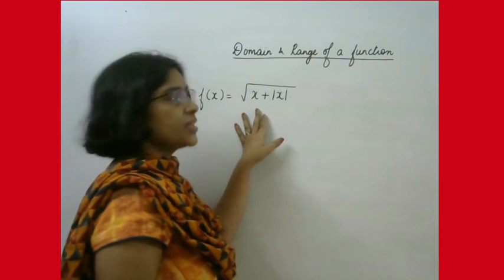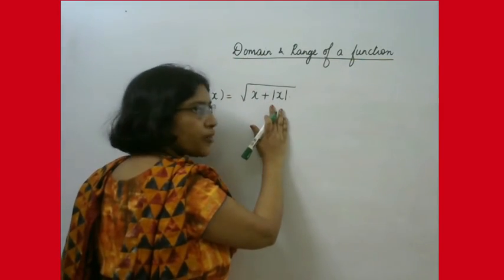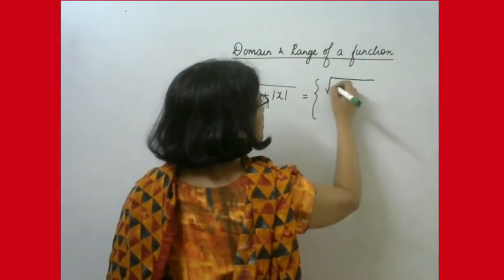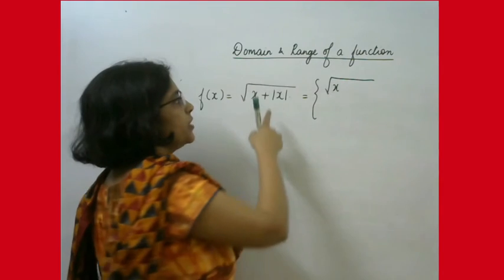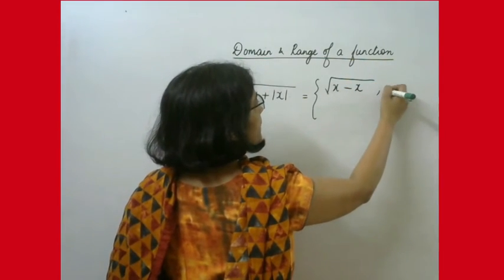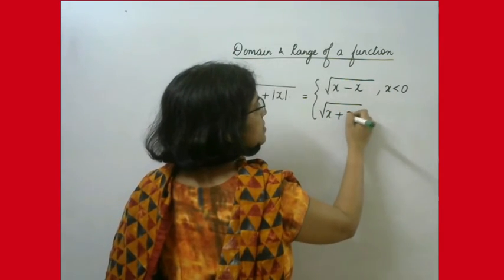So here we have the next function, root of x plus modulus x. Now since we have modulus x, let's redefine this function and see what it becomes. By redefining, we mean put modulus x as minus x for x less than 0 and modulus x as plus x for x greater than or equal to 0.